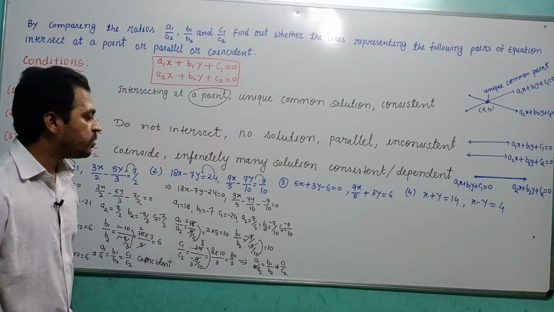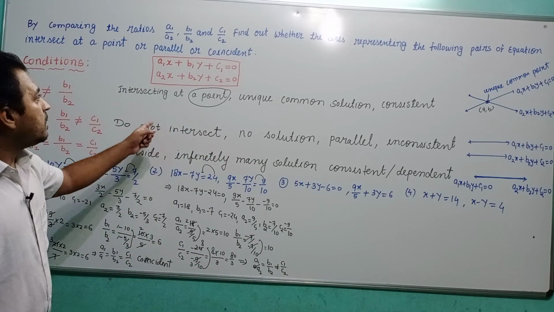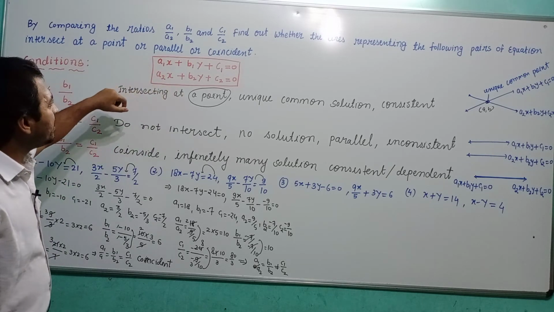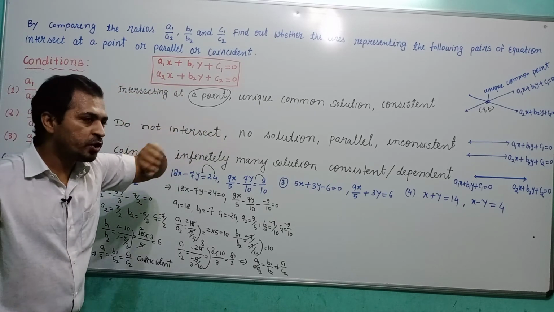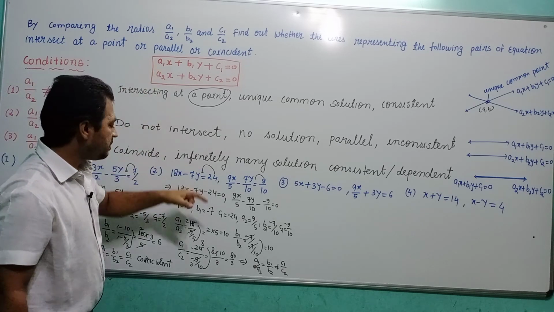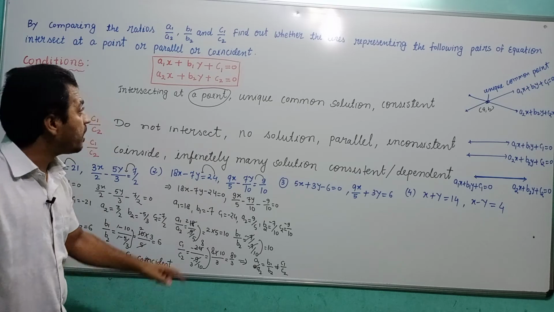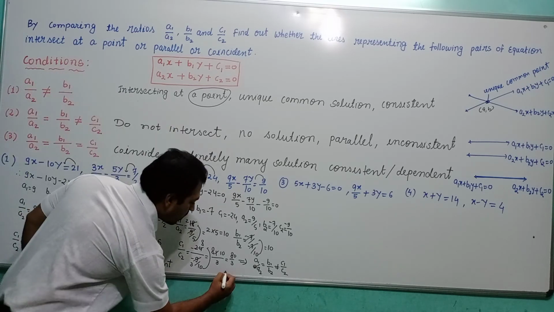So students, you can say that they are not intersecting. It means there will be no solution. It means this pair of linear equations is parallel.